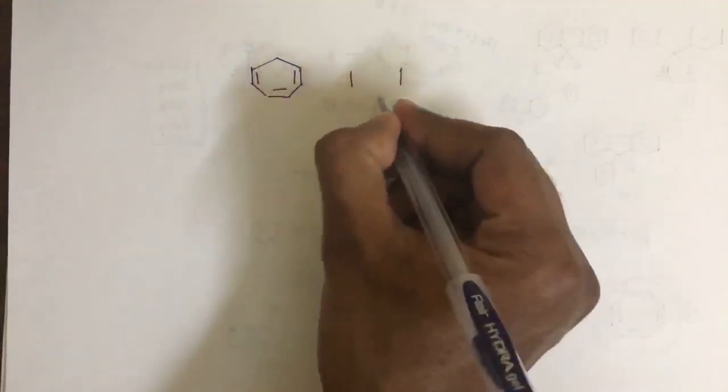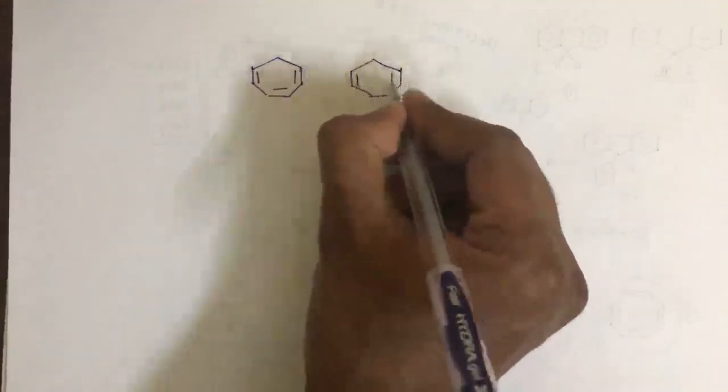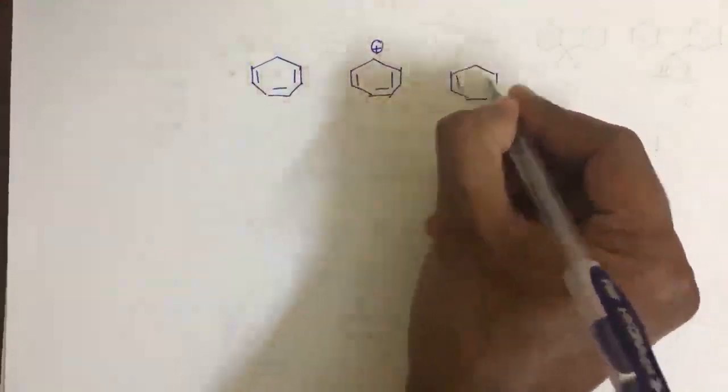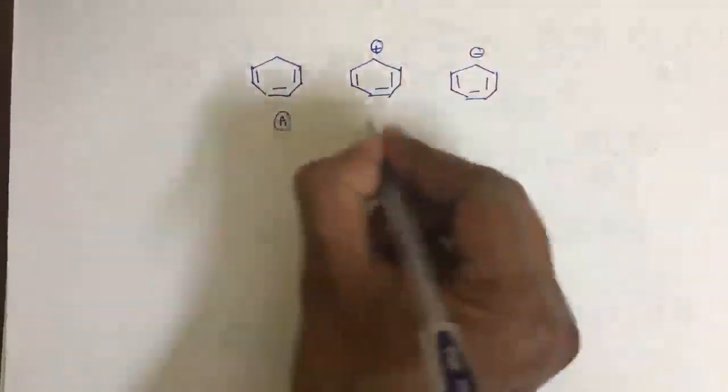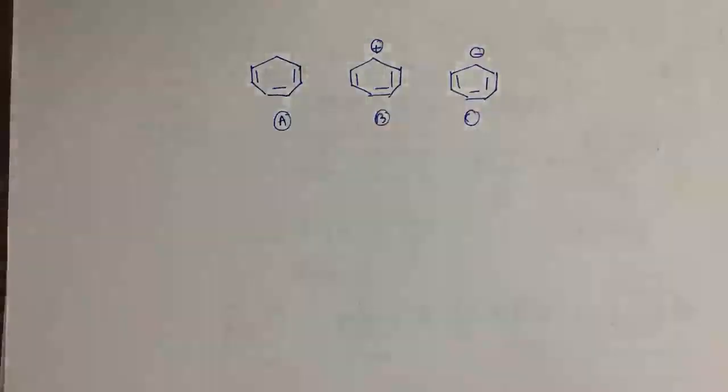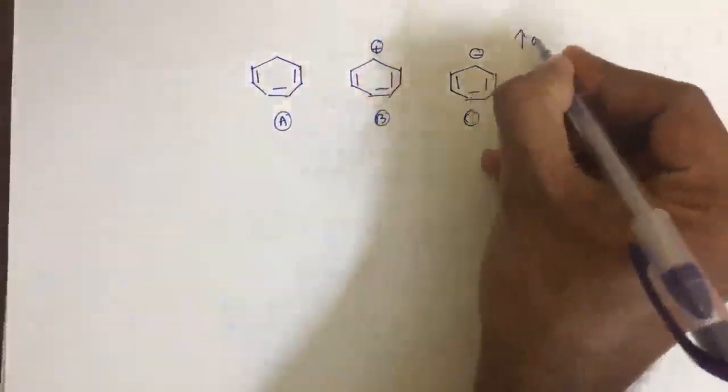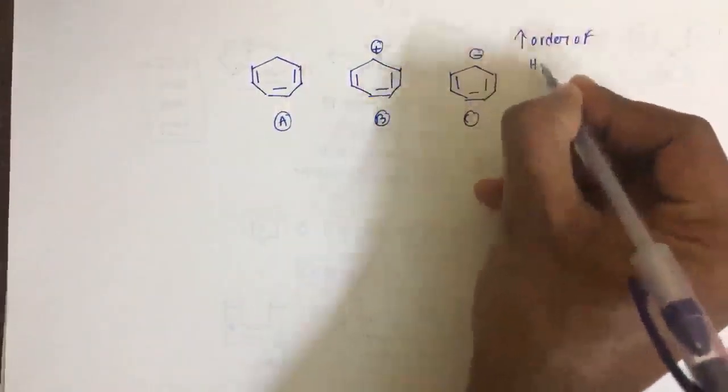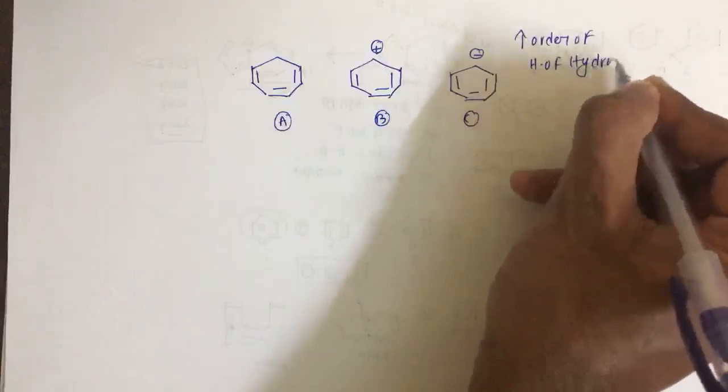Then like A, B, C. So the question is the increasing order of heat of hydrogenation.